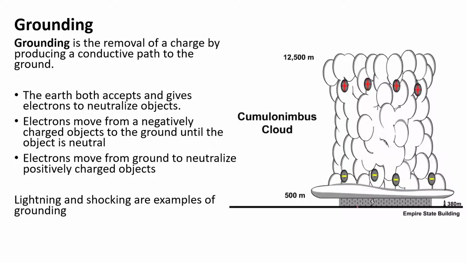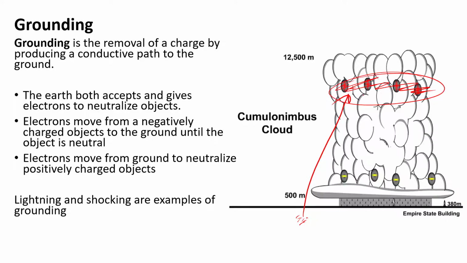Positive strike lightning is much more dangerous because you have electrons coming from the ground to the top. Those negatives will relieve the positives, making the cloud neutral as a result. So the positive strike lightning is actually reverse. It goes from ground up. And that's super dangerous because you need a lot of charge.